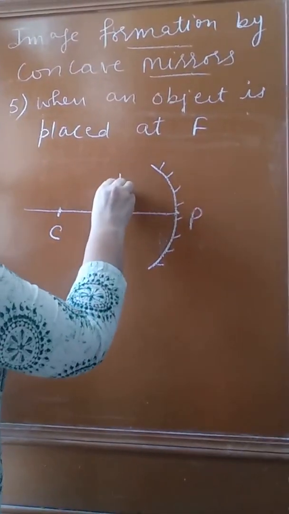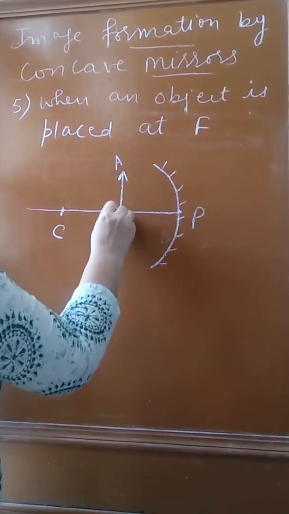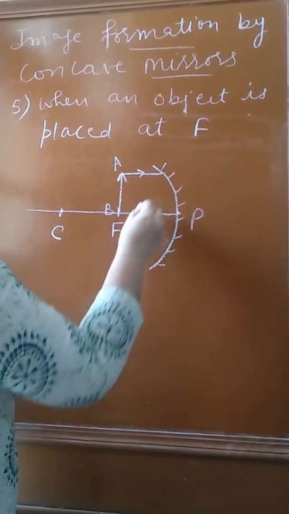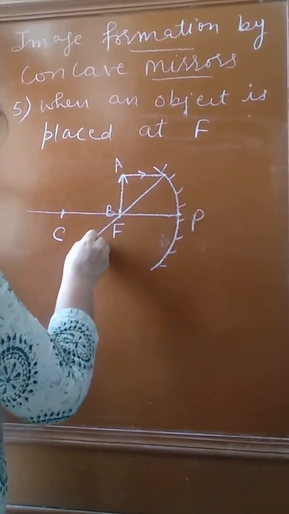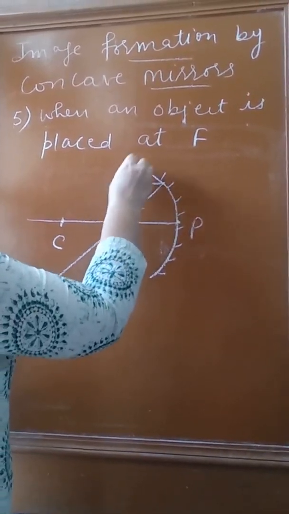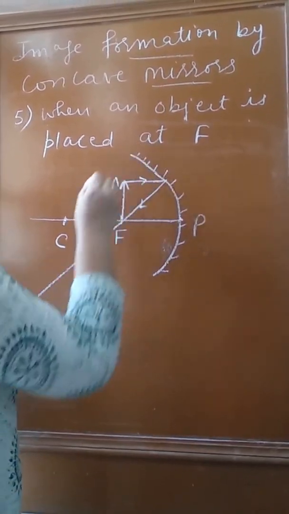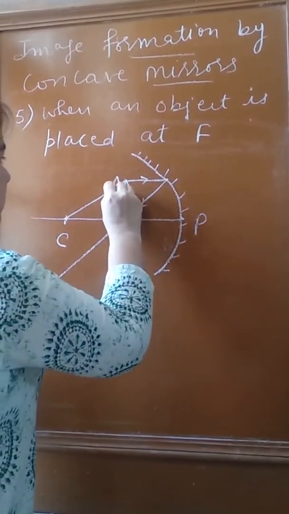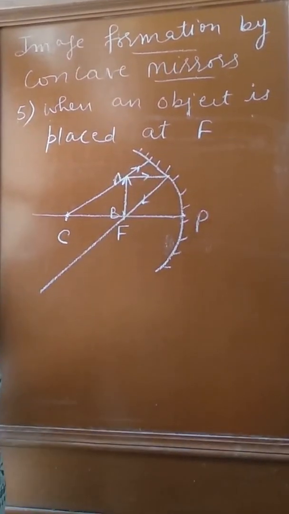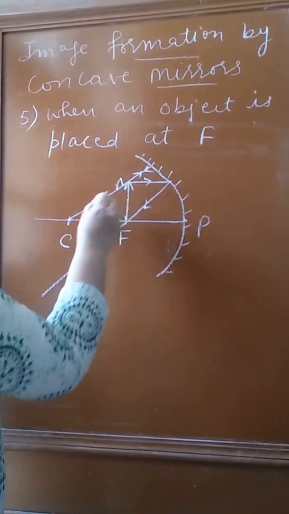Now when the object AB is placed at focus, the first ray parallel to the principal axis passes through the focus. Now the second ray, we can take it from the center of curvature or from the pole. If we take the second ray from the center of curvature, the ray is incident on the mirror and reflected back in the same direction.